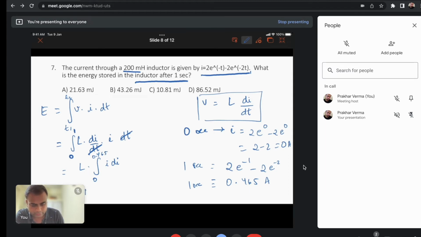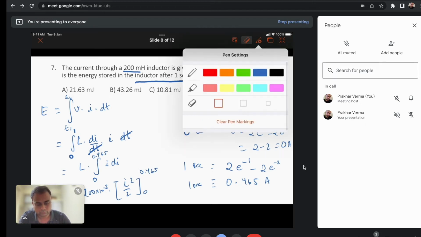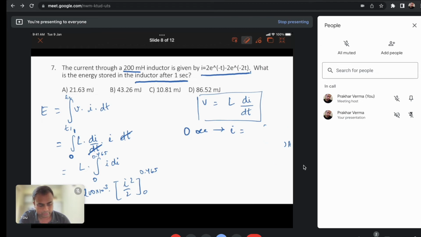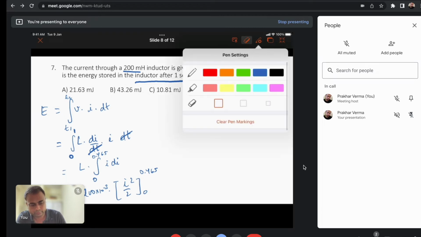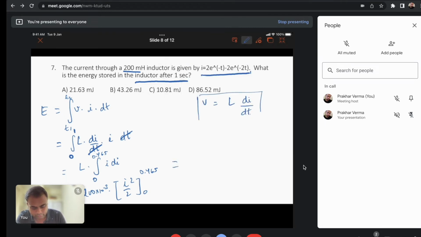So integrating this, the L value is 200 times 10 to the power minus 3. This becomes I squared by 2. So 200 times 10 to the power minus 3, times the current 0.465, squared, divided by 2.